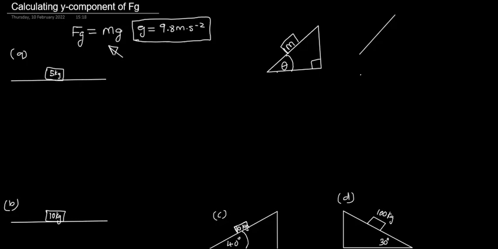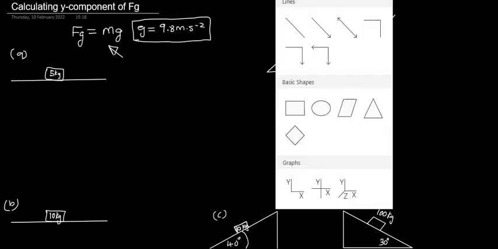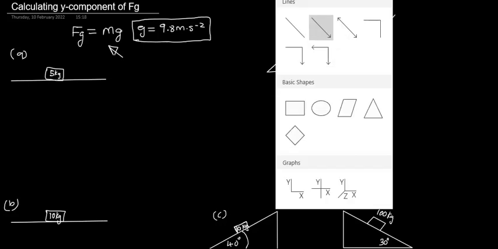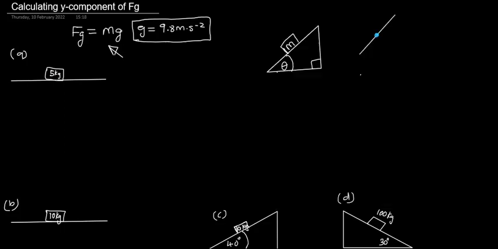After you've drawn that, then you're going to draw a dot that is representing the mass, and then afterwards draw a line that is perpendicular to the surface.